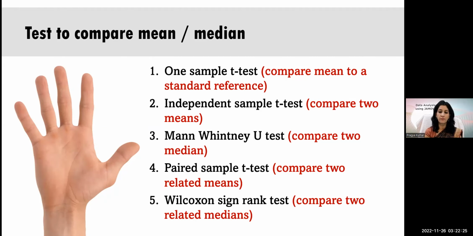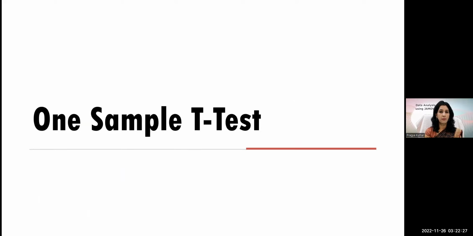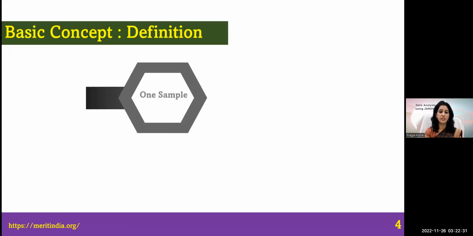So coming to the one sample t-test, it is known as one sample because there is one group. Unlike the independent and paired tests, where you have either two groups or a measurement twice in the same group, in the one sample t-test you have only one group.